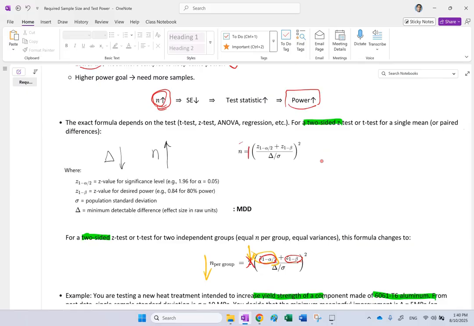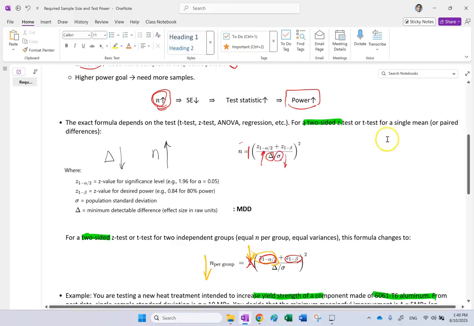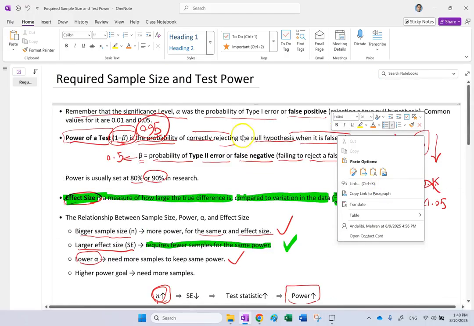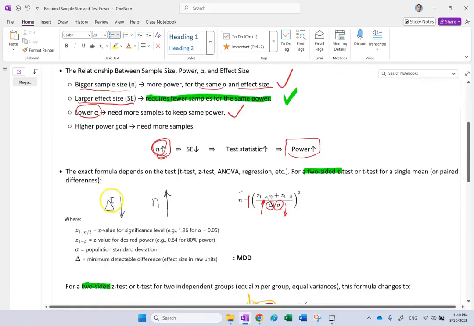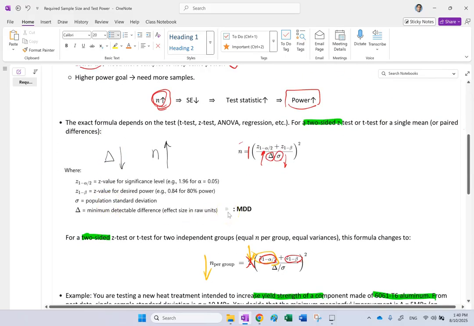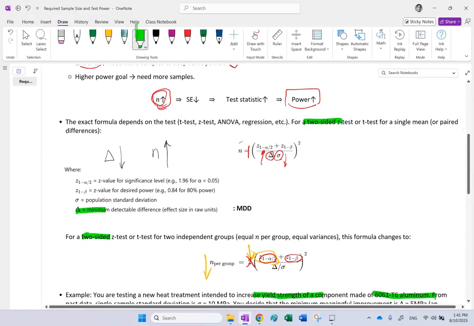The other thing is either reduce this by caring about only larger differences, or try to use better manufacturing and measurement tools and bring this guy down or make this guy up. Okay, so these are the ways to control the number of samples that you need, and the meaning of test power, the meaning of effect size, and the meaning of minimum detectable difference, or MDD.